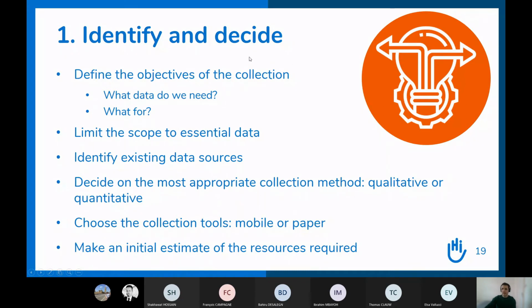So, for instance, if you say that you want mobile data collection, how many surveyors you will need, how many devices, maybe are you going to need cars for the transportation? So this is where you start thinking, not necessarily in details, about the main resources that you will need, and have some first estimate.